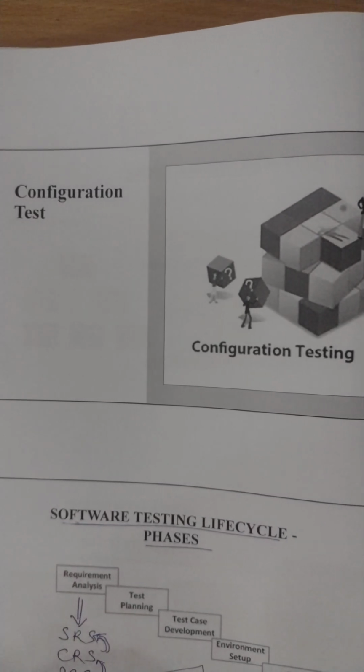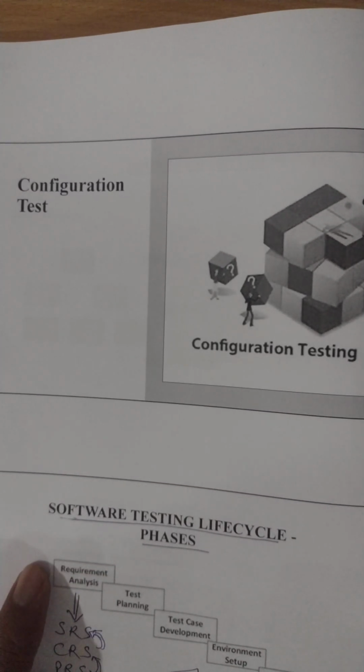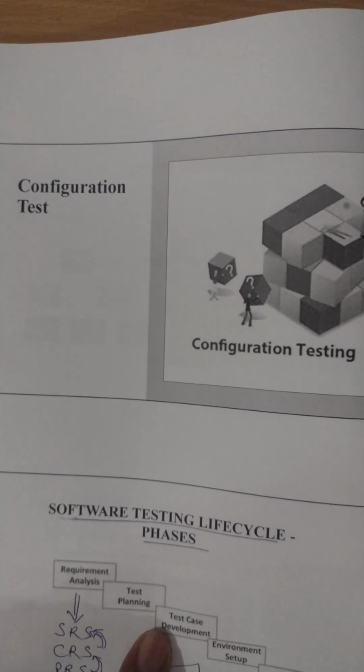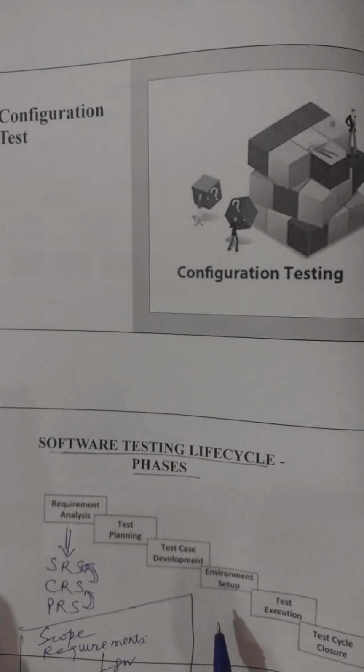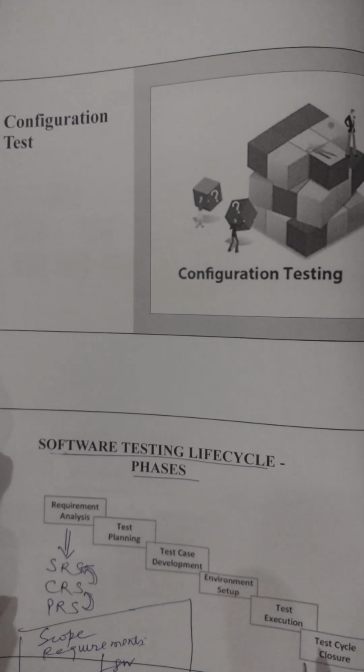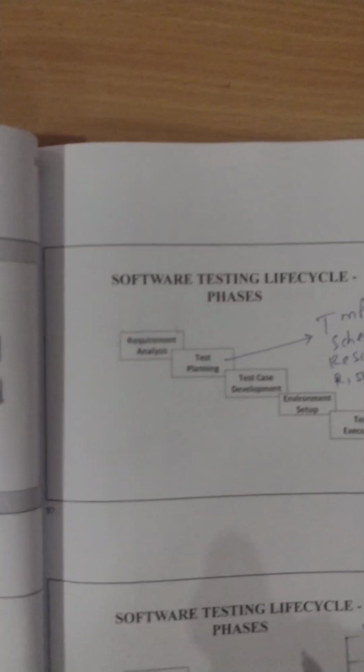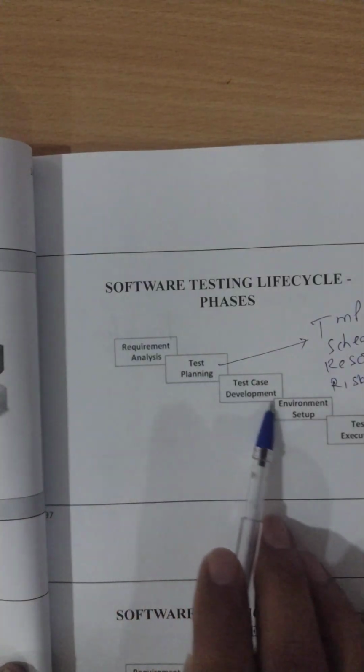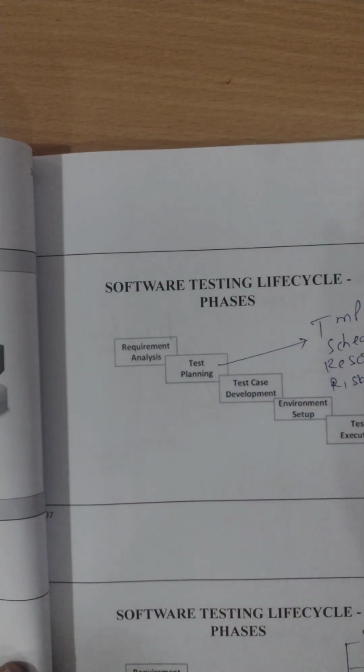In this life cycle we have seen requirement, test planning, test case development, environment setup, test case execution, test cycle closure. Again, these are the typical phases. In test planning, we have the test management plan, schedule, resources, risk, all are being covered.